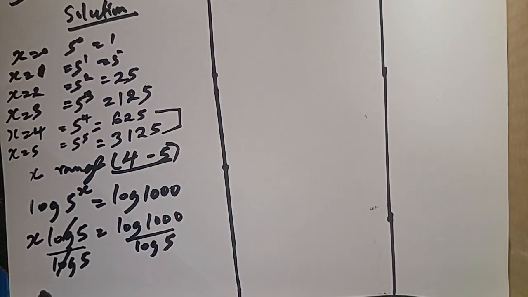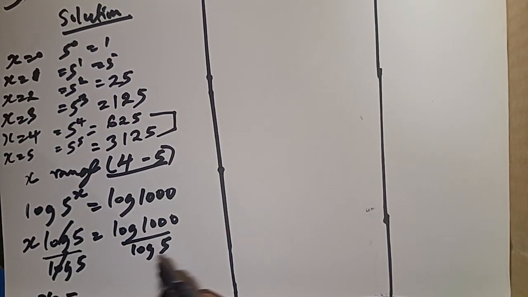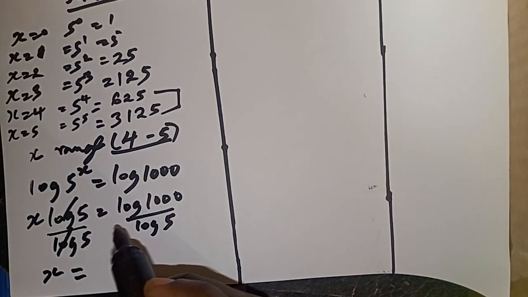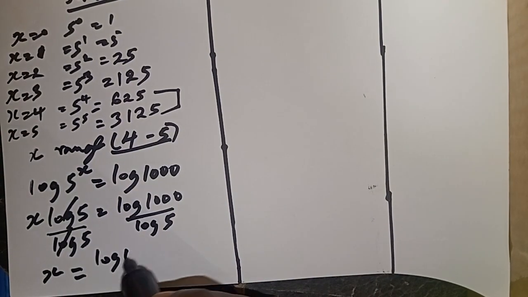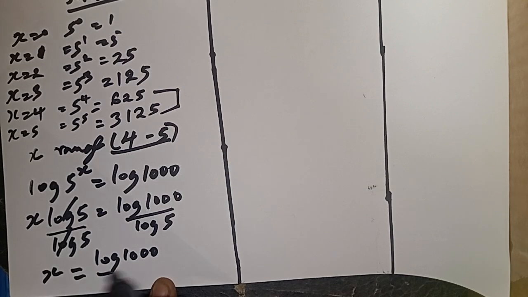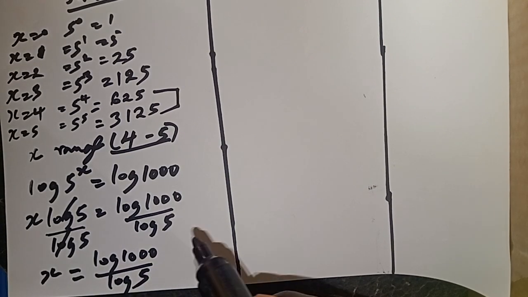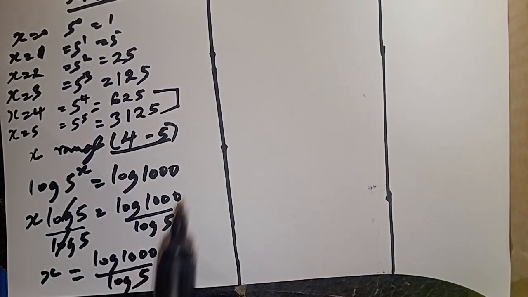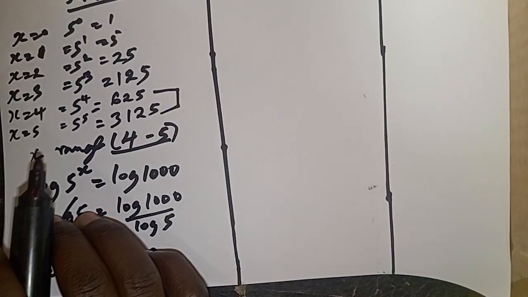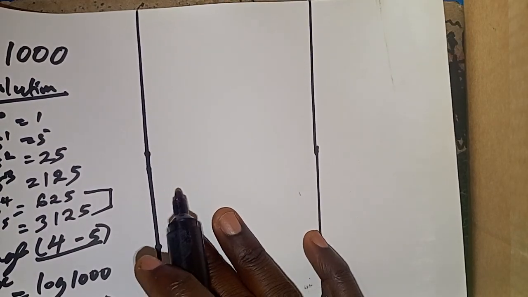So here you are able to see that our value of x will be found by taking log 1000 divided by log 5. At this stage, we're just required to simplify this in simple terms so that you're able to find the actual value.